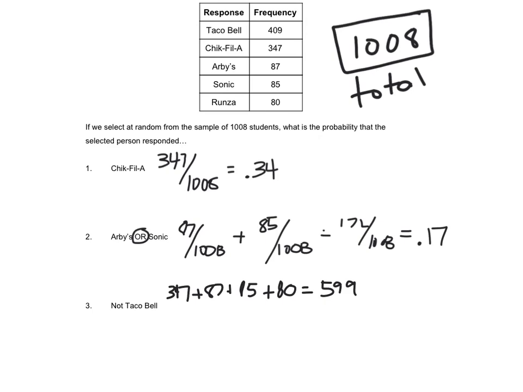So 599 chose not Taco Bell out of 1,008 total, which is approximately 0.59 or 59%. This is an example of using the 1 minus, essentially. I could have done 1 minus 409 over 1,008 and gotten the same answer.